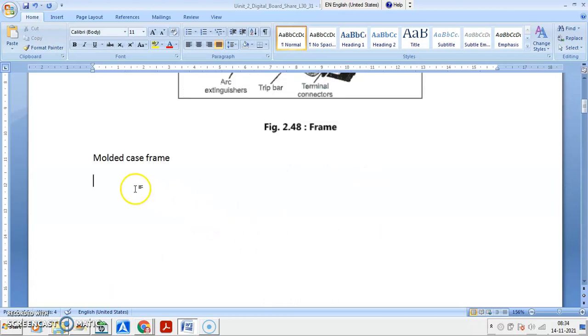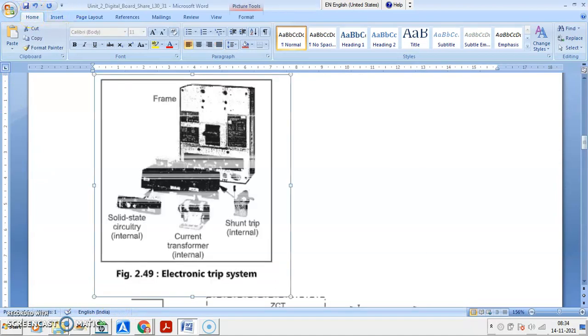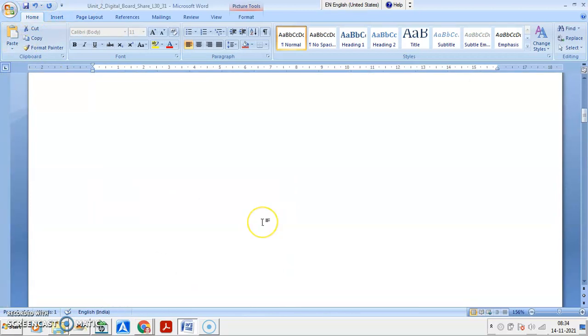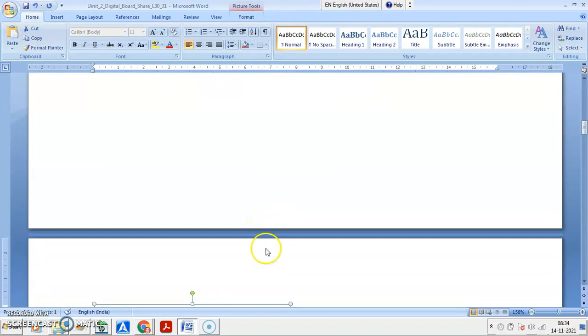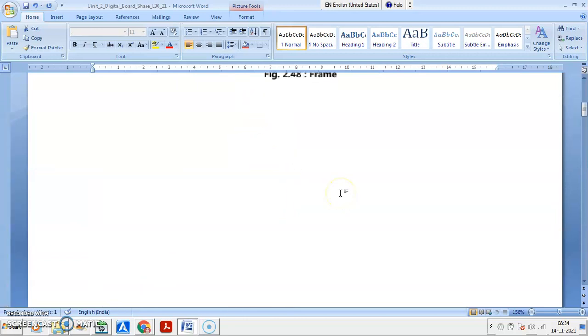So this is all about MCCB. Any doubt regarding MCCB? If you have MCCB, it is coordinated with data analysis or data coordination.